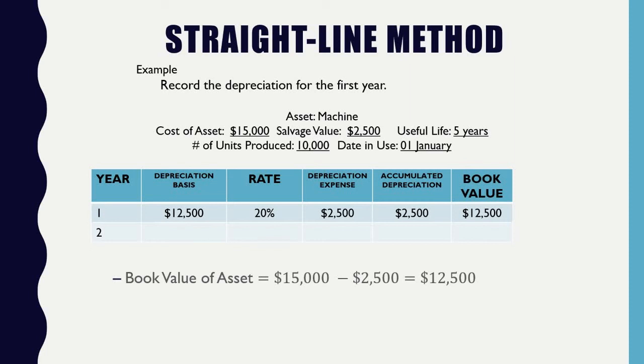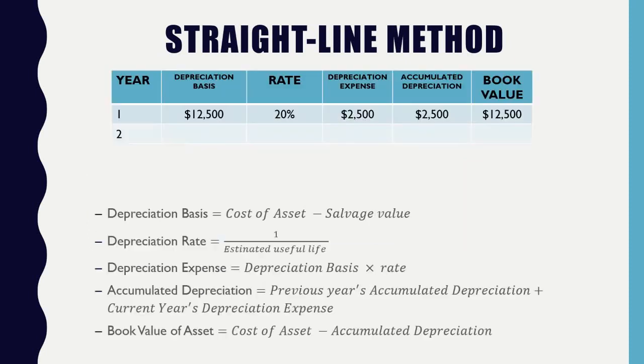Because my asset cost is always going to be 15,000, my formula for the depreciation basis is always going to be your asset cost minus salvage value. We're not going to be looking at book value, so we're going to ignore book value. What happens when I solve for the next one?